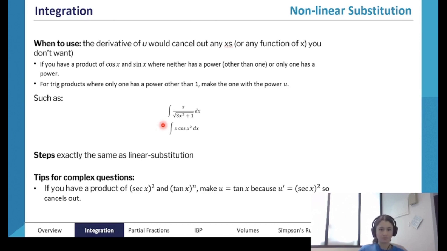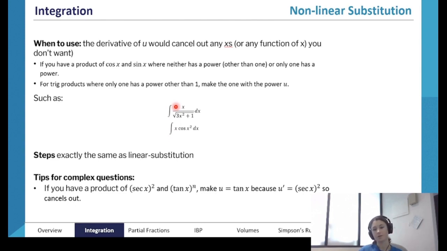So we need to find other ways to do it. We don't want that other function because it's creating a product. Here, we don't want this x because if we didn't have this x, then we wouldn't have a product, and then it would be easy to integrate. Same thing here. If we didn't have this x here, it would be a lot easier to integrate.